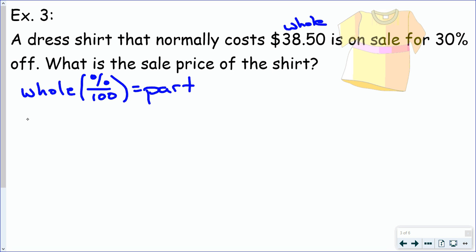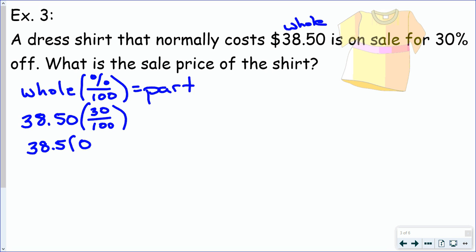I'm going to take the whole amount, which is $38.50, and multiply that times the percent divided by 100. That would be 38.50 times 0.3, since 30 divided by 100 is 0.3. If I take 38.50 times 0.3, I get 11.55.